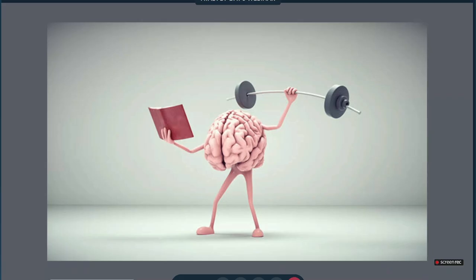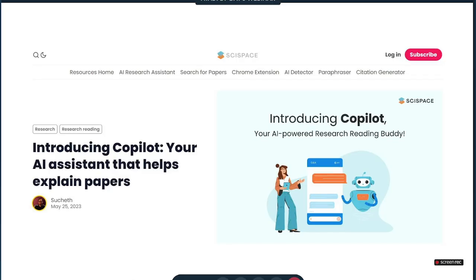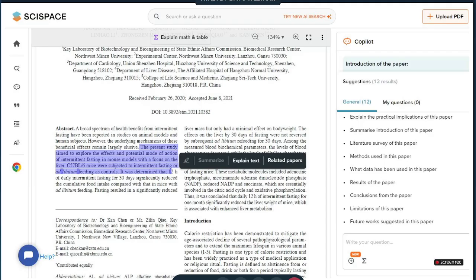Now, reading scientific papers, especially when you are a young researcher not much acquainted with the field, was definitely a daunting task for all of us. If I were doing my PhD, in my early years of research at the moment, I would not shy away from using tools like the Copilot option on SciSpace, where I can just upload a PDF I'm reading, and anytime I don't understand a certain section of the paper, I can highlight the section and ask for an explanation, or I can ask the tool to pull out related papers if I find certain parts of the text really interesting.